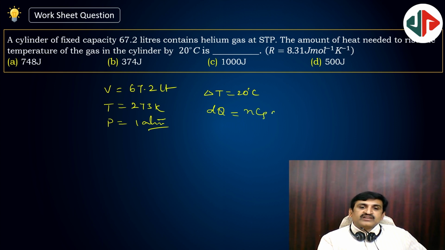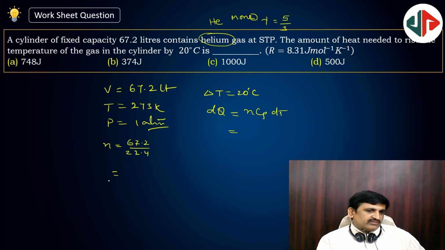Then you have to take pressure one only. dQ is equal to n Cp dT, and it's helium gas. Helium is monoatomic, so gamma is 5 by 3. Number of moles: 67.2 liters contains 67.2 by 22.4, which is around 3 moles.